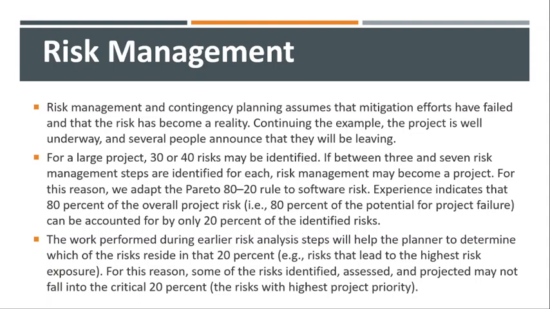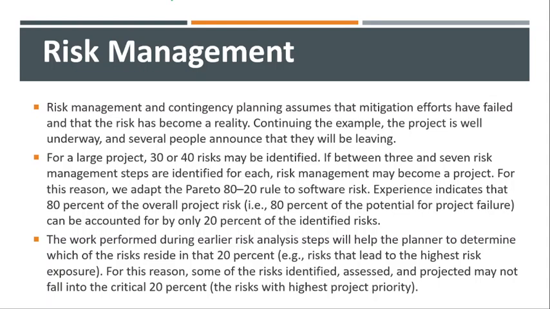Okay, then continuing the example. So what is our example? The project is well underway and several people announced that they will be leaving. So our example at present is high staff turnover, isn't it?